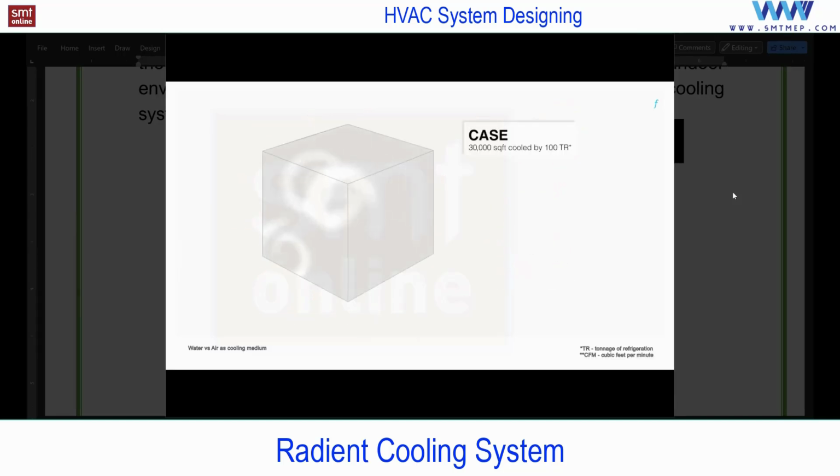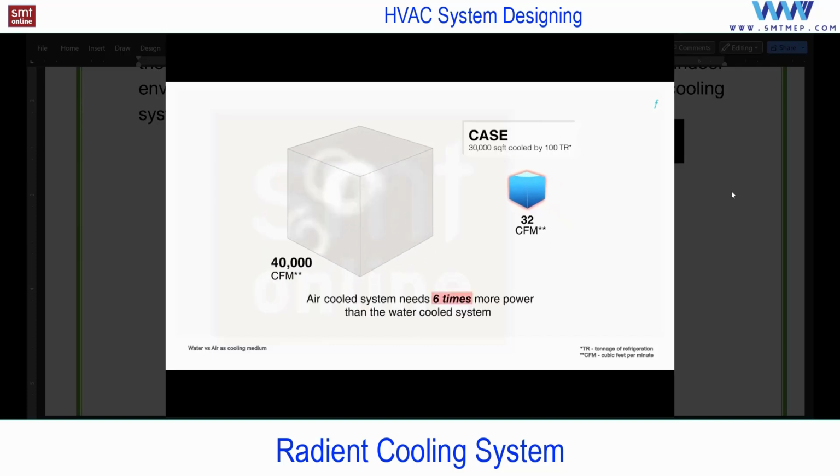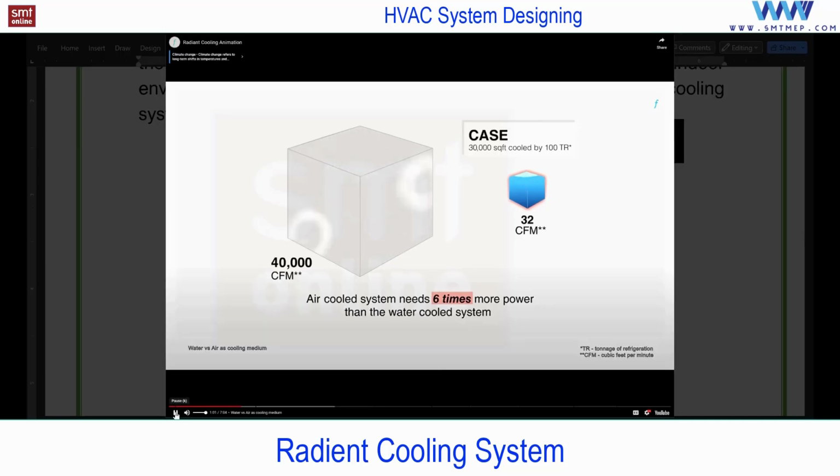Sample this. To provide 100 TR or tons of refrigeration worth of cooling, one would need 40,000 CFM of air compared to just 32 CFM of water. Moreover, the air-cooled system would need 6 times more power than the water-cooled system for just pumping.